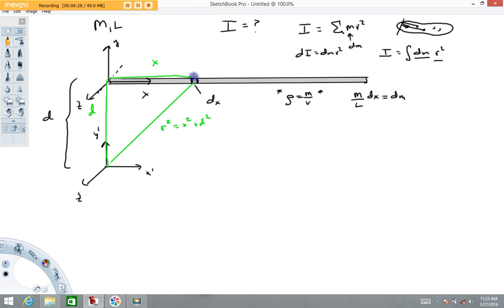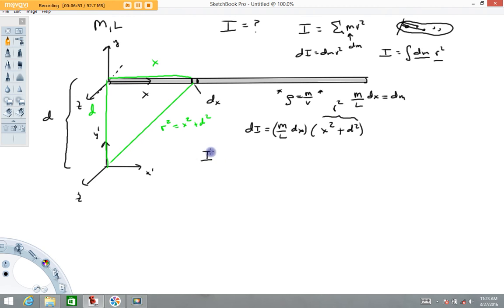So the moment of inertia of this chunk about this point, dI, is going to equal m over L dx, there's your mass, times this distance squared. Now I'm going to go ahead and write that as x squared plus d squared. That quantity would equal r squared.